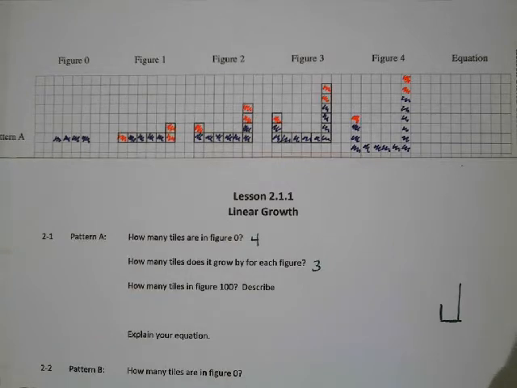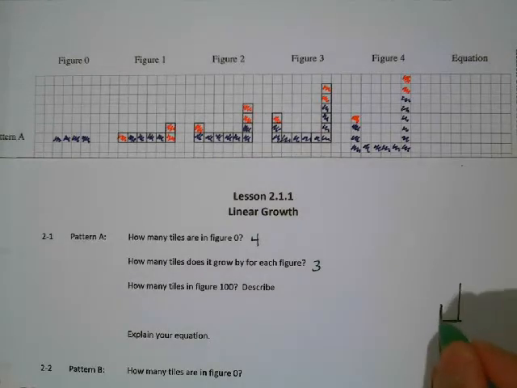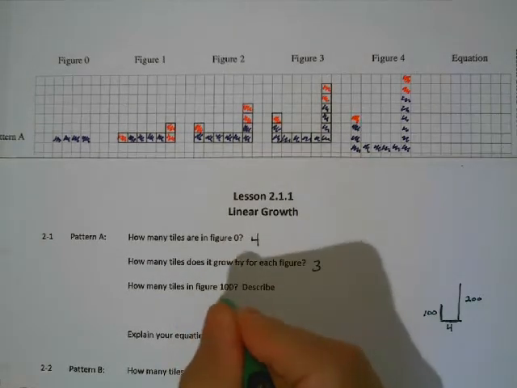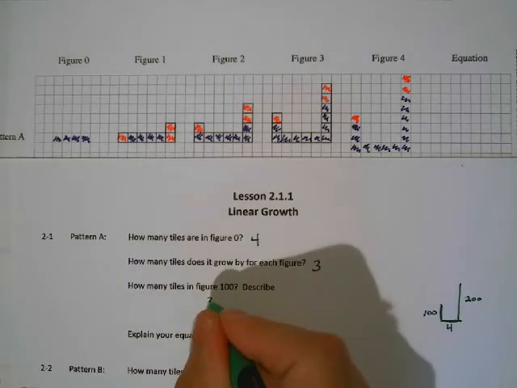So if I had the 100th figure, this left-hand side should have 100 tiles in it. The right-hand side should have 200 tiles in it. And then this middle part doesn't change, and it was 4 the whole time. So if I add up those 3 sections, it looks like figure 100 would have 304 tiles in it.